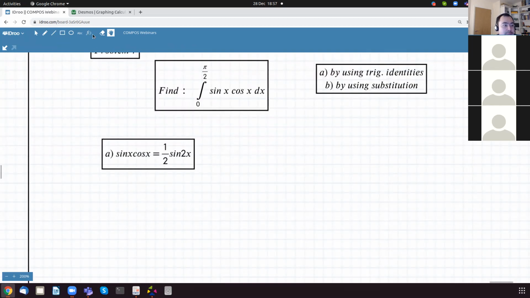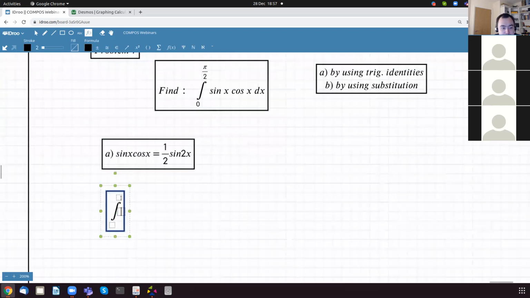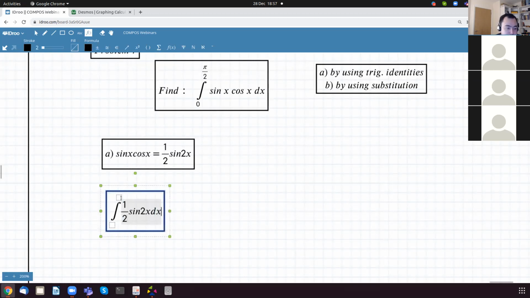Therefore, the integral becomes way simpler. It becomes the integral of 1/2 sine 2x dx between limits 0 and pi over 2.